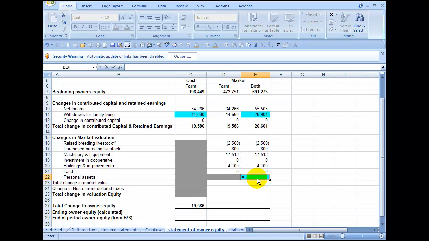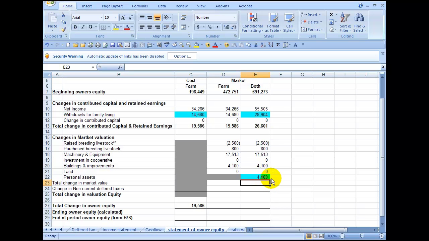What you're going to do here is take the ending, which is $162,000 for the house, plus $64,900 for the household goods, minus the beginning, $156,000 for the house, minus $66,500 for the household goods.